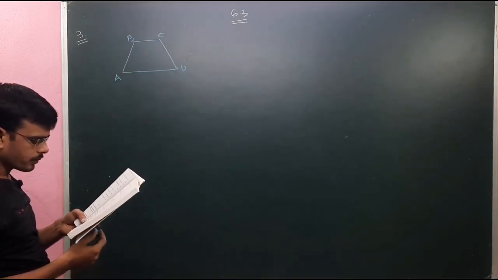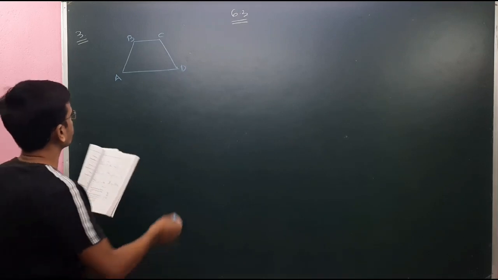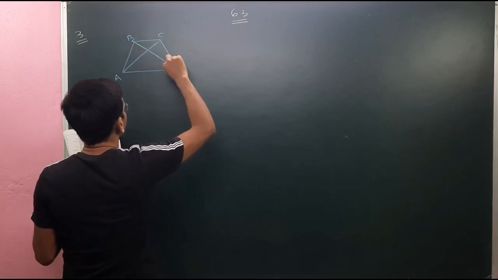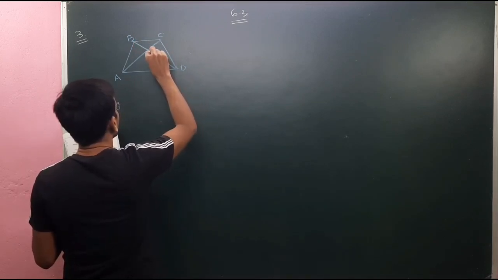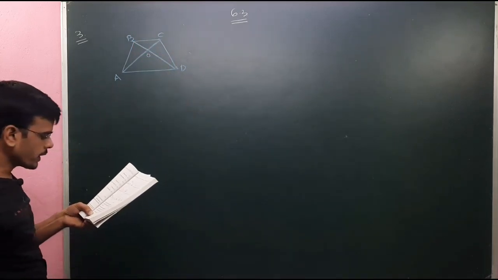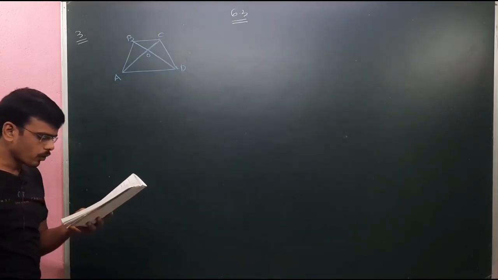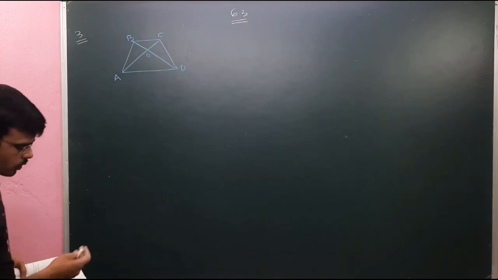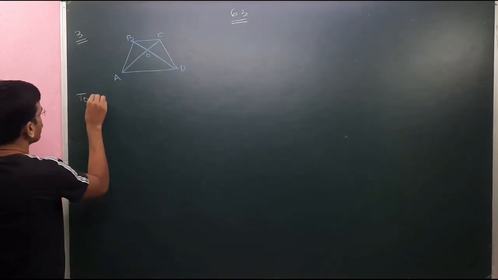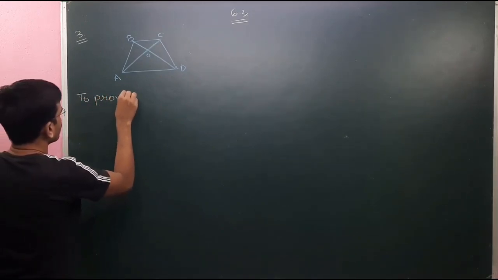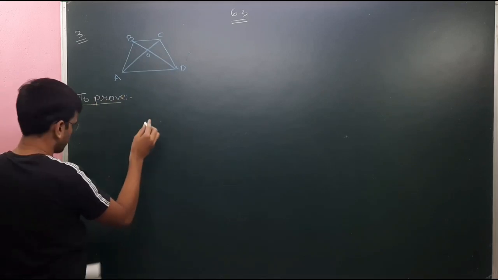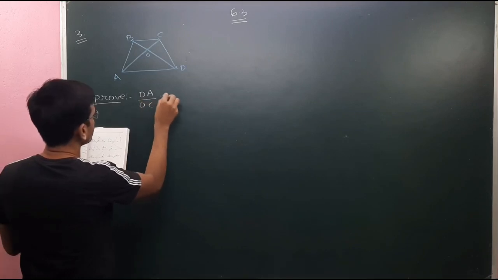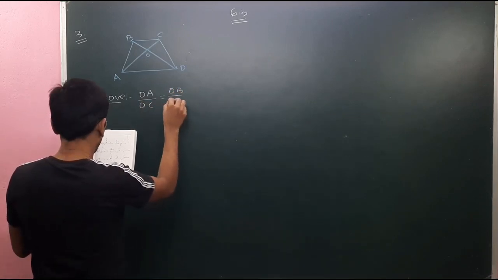Diagonals AC and BD intersect each other at the point O. Using a similarity criterion for two triangles, you have to prove OA upon OC is equal to OB upon OD.